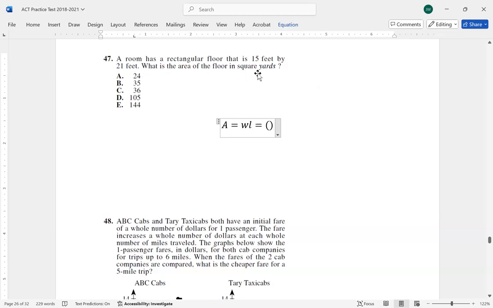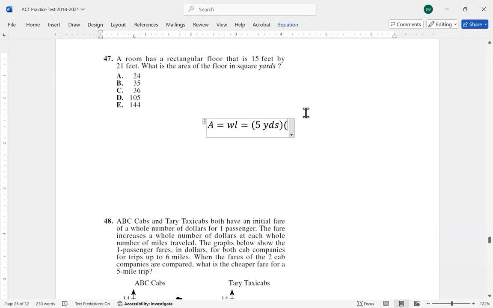Since there are 3 yards in a foot, if I convert 15 feet to yards, divide that by 3, we would get 5 yards as one side of the floor.